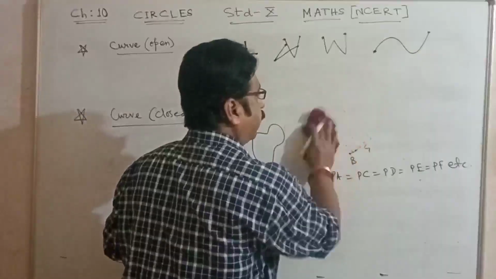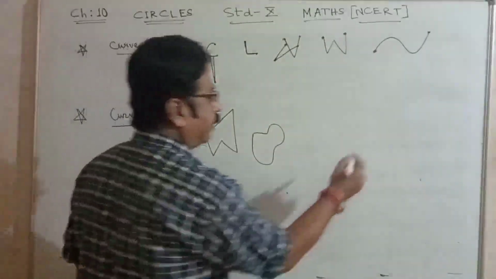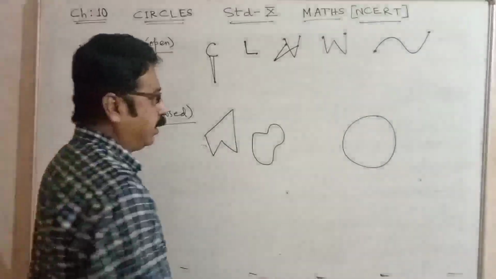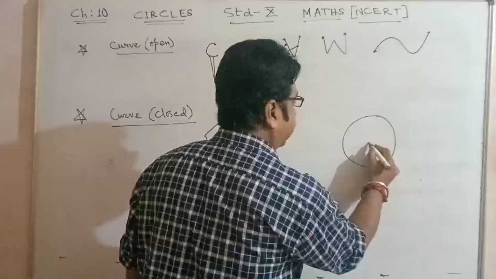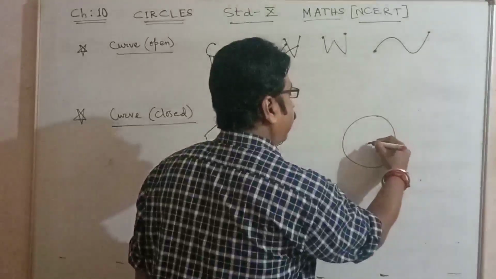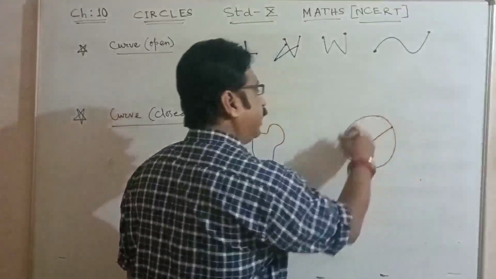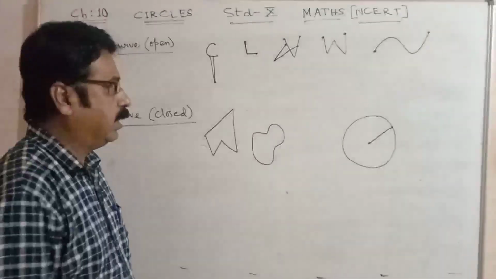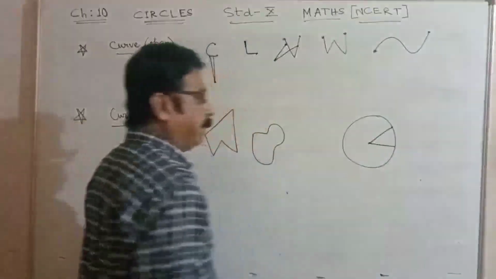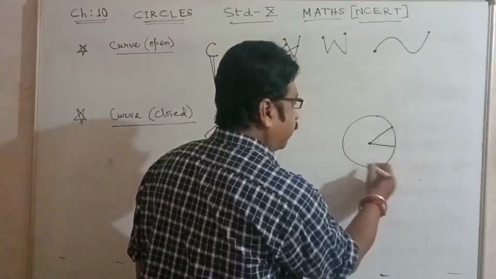But if we draw a closed curve like this, and suppose this is the fixed point, if we see that the distance of this fixed point to a point lying on this closed curve is same as the distance of this fixed point to another point lying on this closed curve.